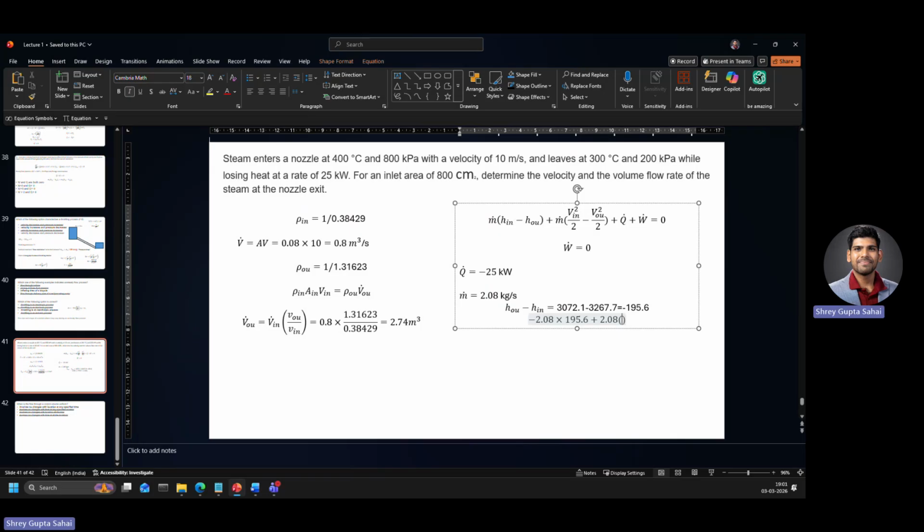V in square is 100, so it's 50 minus v out square by 2, and then this is minus 25, and this is 0, isn't it? So now you take this 2.08 and divide this thing. Okay, wait.